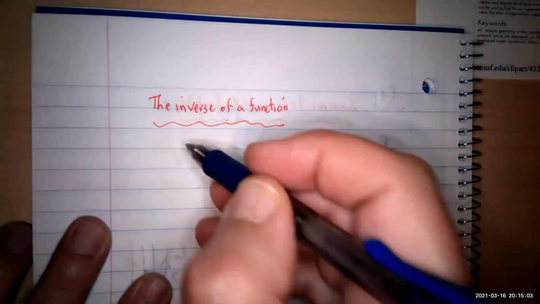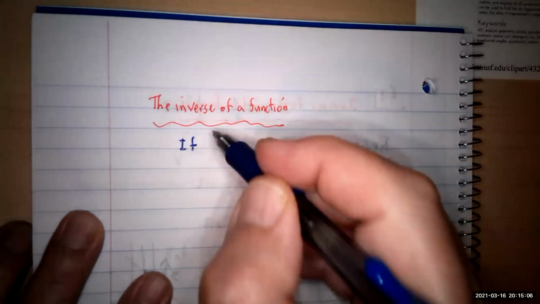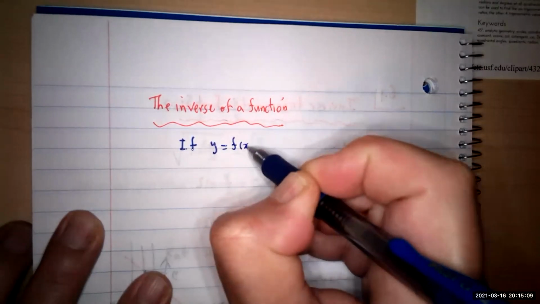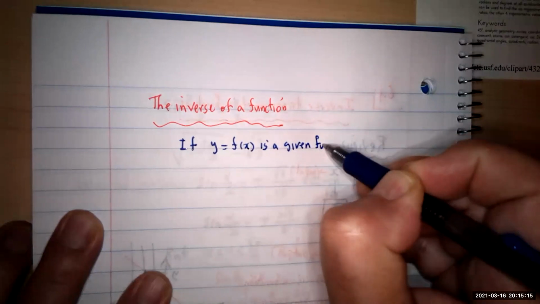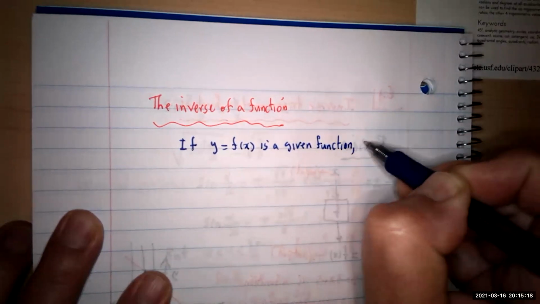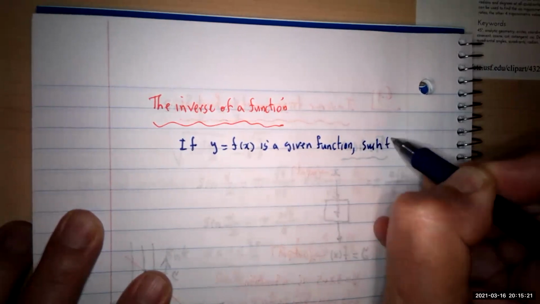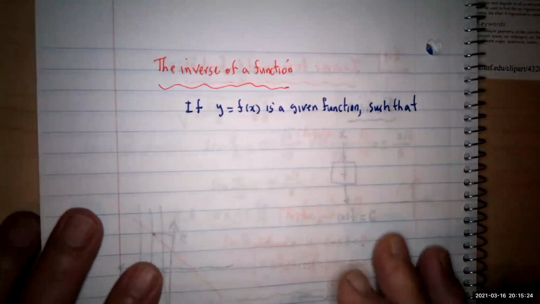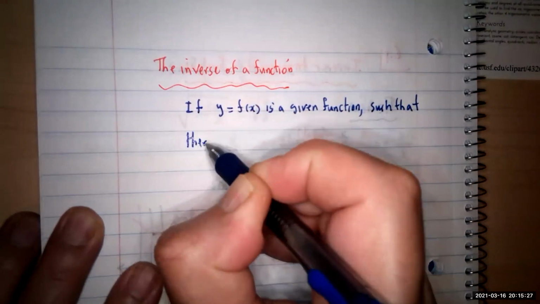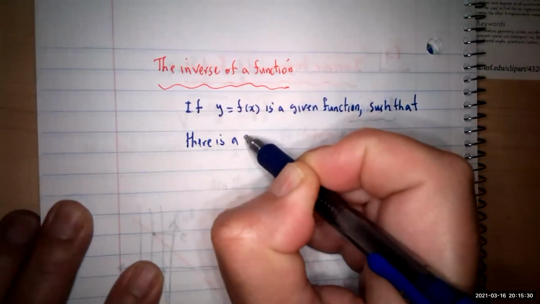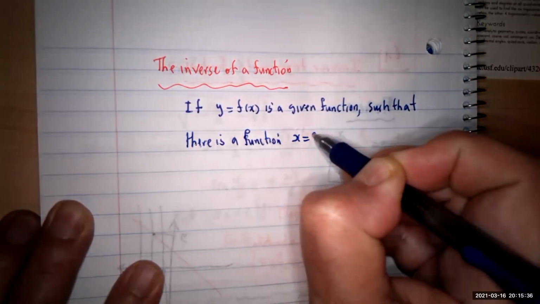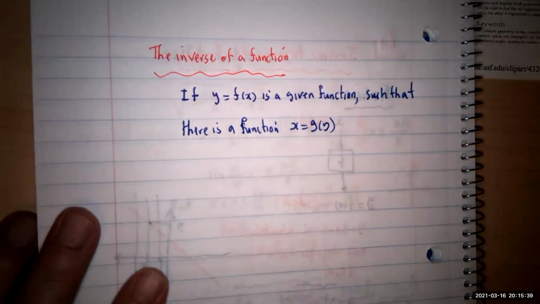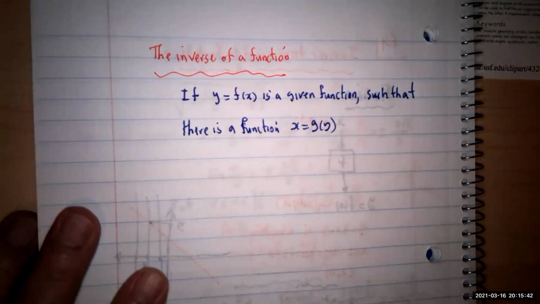Okay, the inverse of a function is the one where we switch. So if y equals f of x is a given function, there is going to be another function, x equal to g of y, we switch.